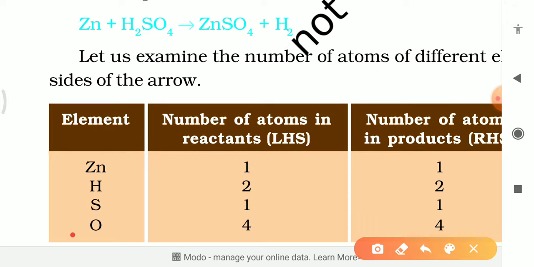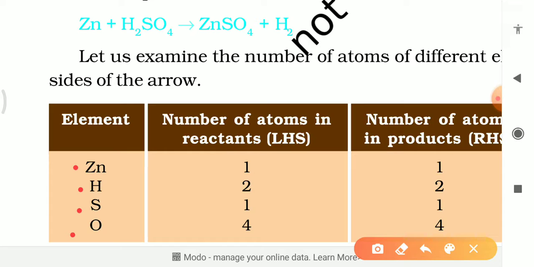On the left hand side, four elements are present: zinc, hydrogen, sulfur and oxygen. The same elements are present on the right hand side also: zinc, sulfur, oxygen and hydrogen.